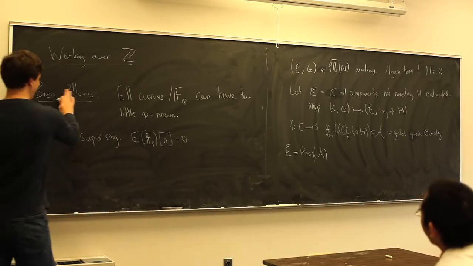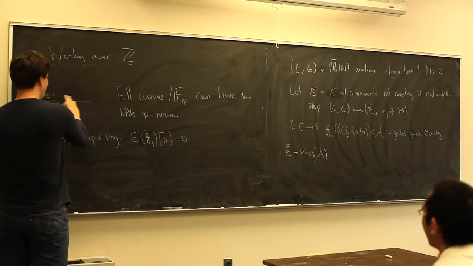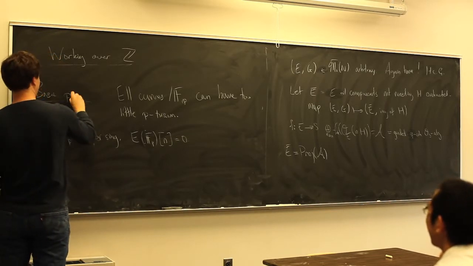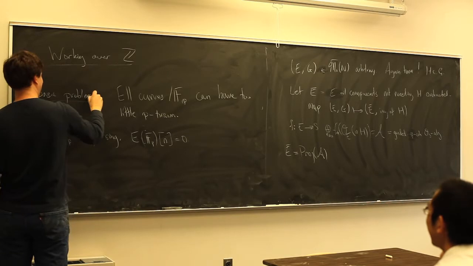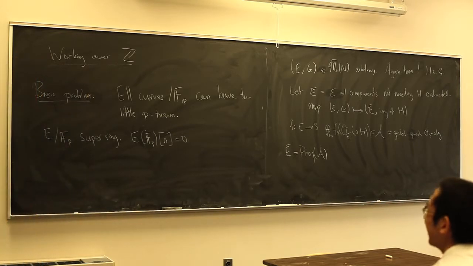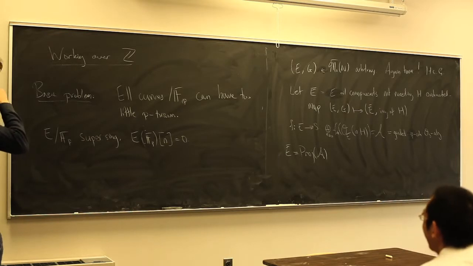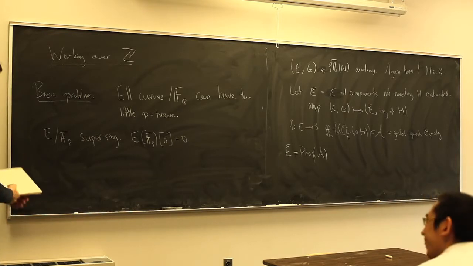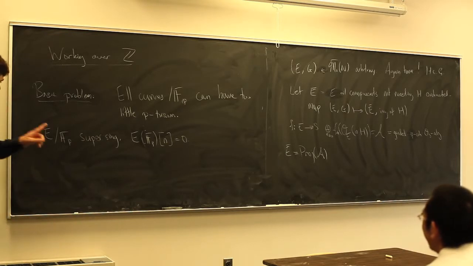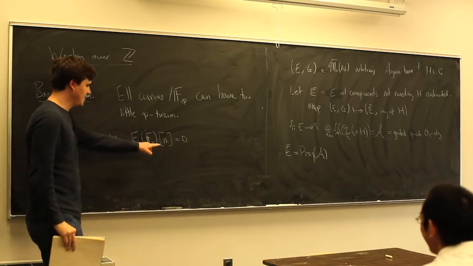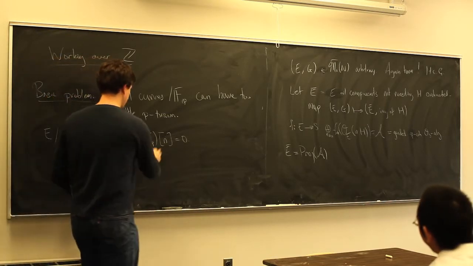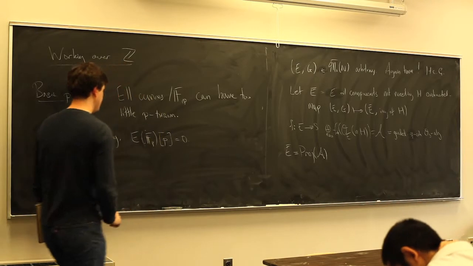This is what happens when I try to write while I'm talking. The basic problem. Okay, so if you have a supersingular curve over F_p, then we know that its p-torsion vanishes, right?